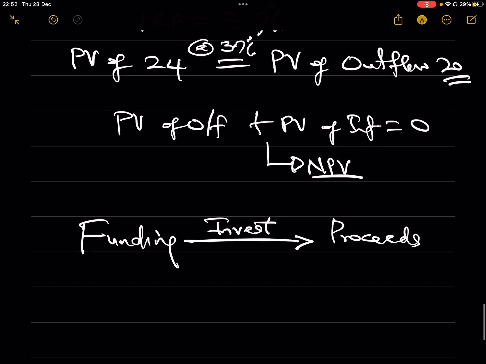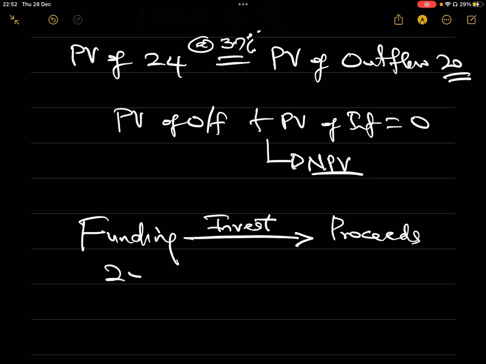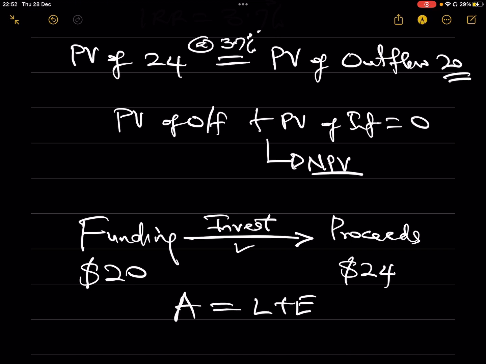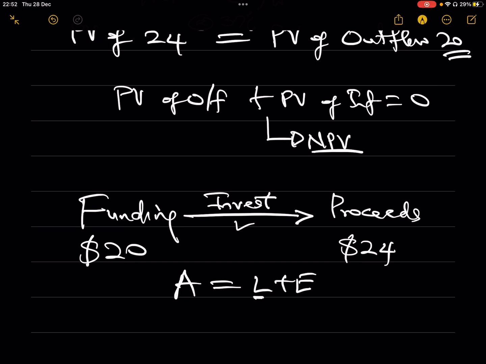So what you have done was you have sourced for $20, you have invested it, and you got $24 after 5 years. Remember that this $20, like we said from our formula of asset equals to L plus E, you either get it as a debt or as equity. But either way, it is not free.